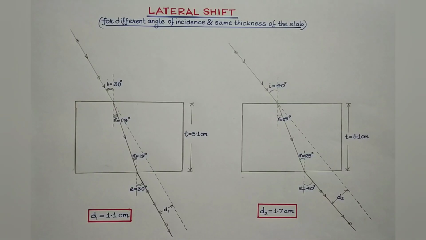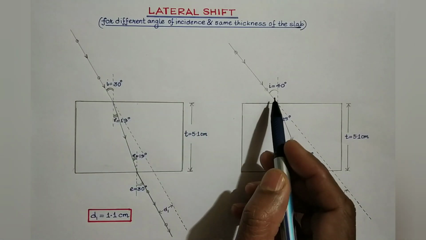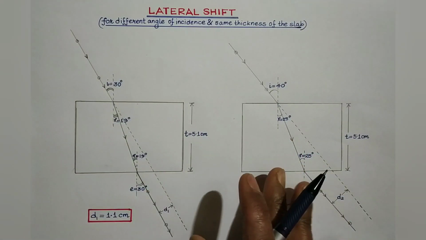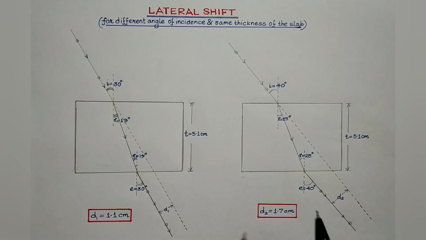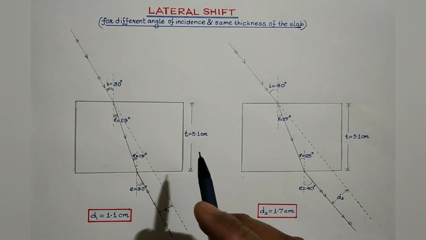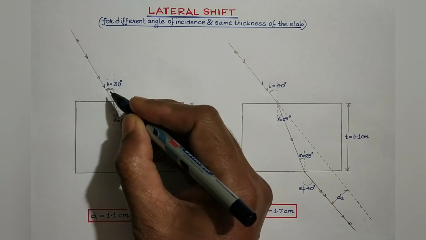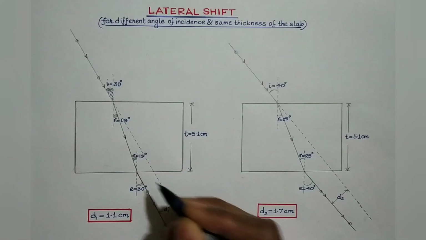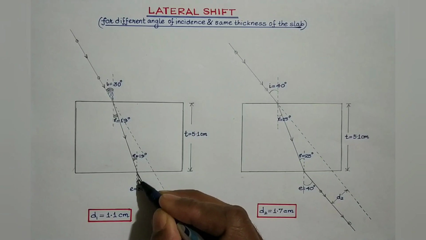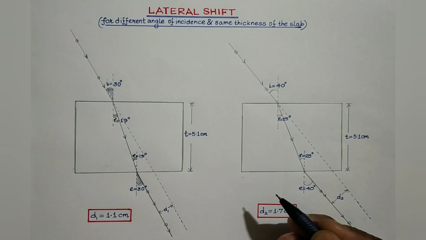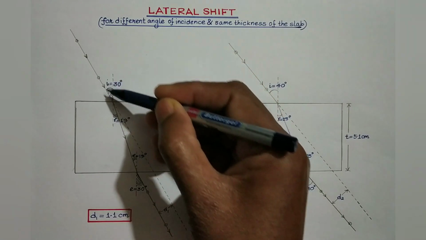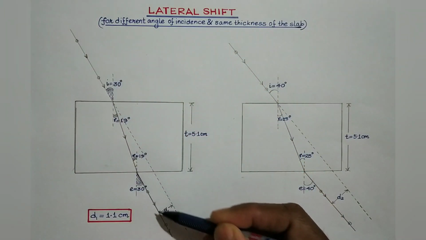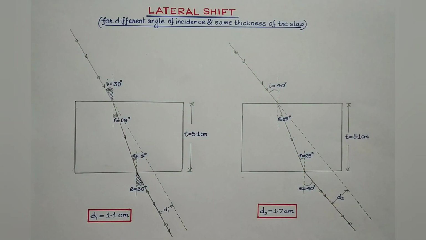Now students, repeating the experiment for different angles of incidences, we get the ray diagram as shown in the figure. The point to be noted is that in each case, the angle of incidence is found to be exactly equal to the angle of emergence. So basically, this incident ray when produced and the emergent ray are parallel to each other.